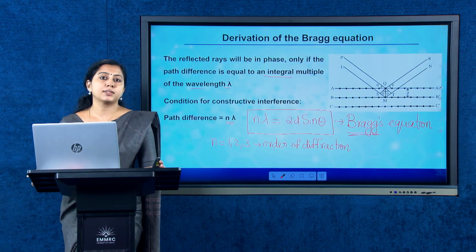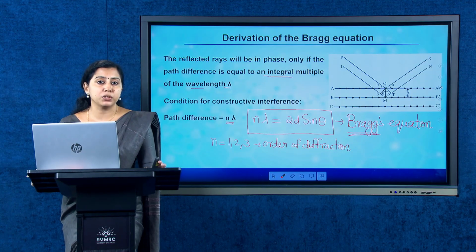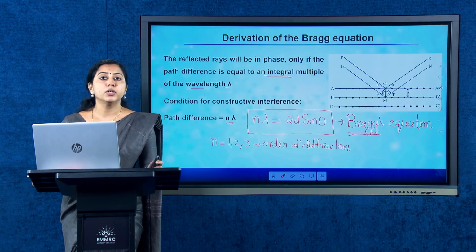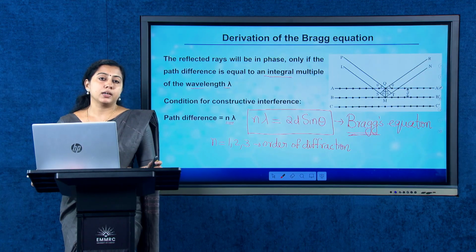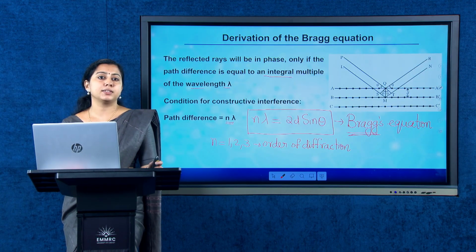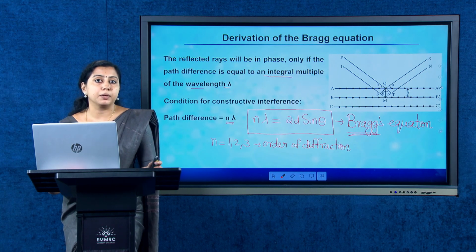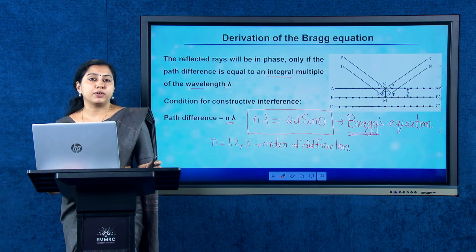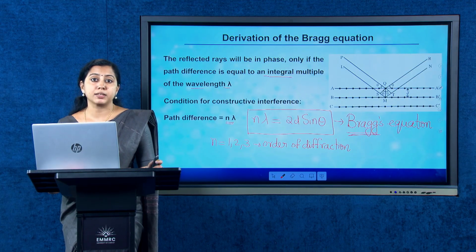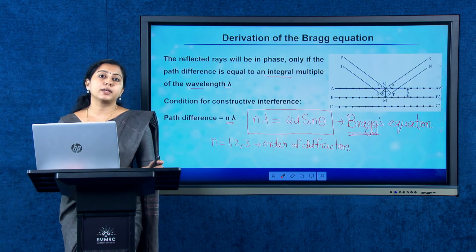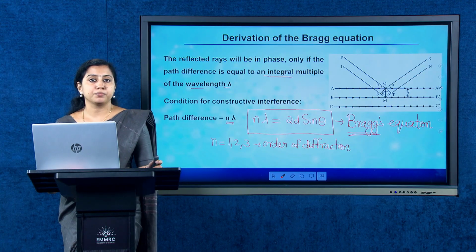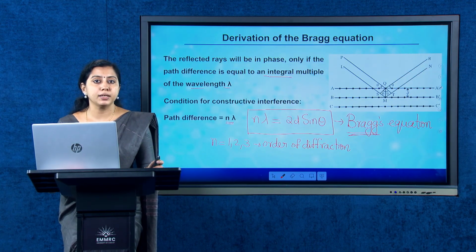So, this is how we derive Bragg's equation, that is n lambda is equal to 2d sin theta. The basic condition is that the path difference should be an integral multiple of the wavelength lambda. Then only we will have reflections of maximum intensity, or we may call it constructive interference.